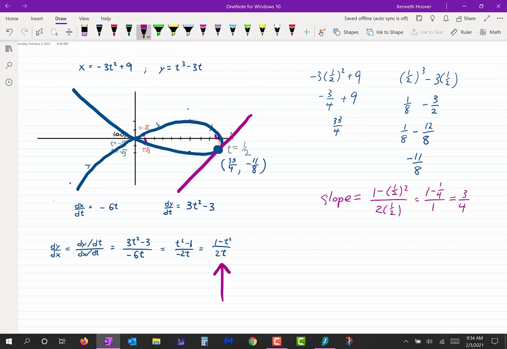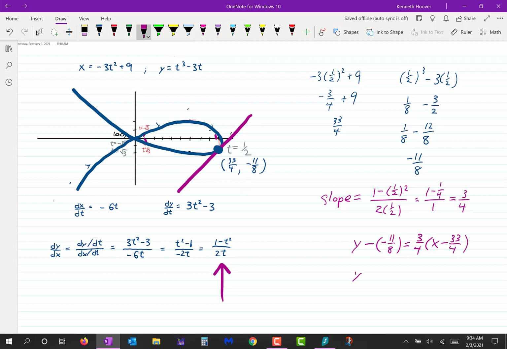y minus the y value equals the slope times x minus the x value.